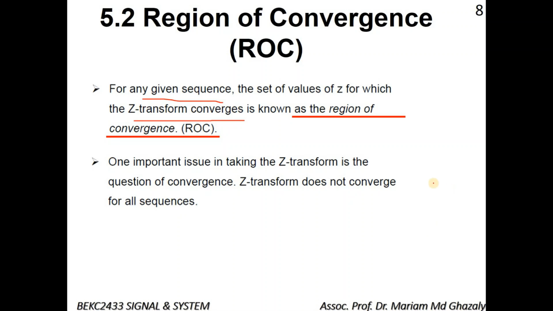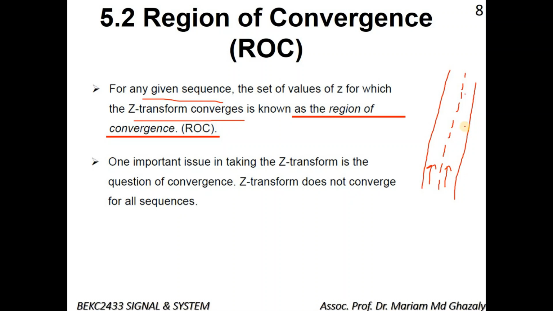So what does it mean by convergence? So imagine that you have two lanes here, okay, two lanes.